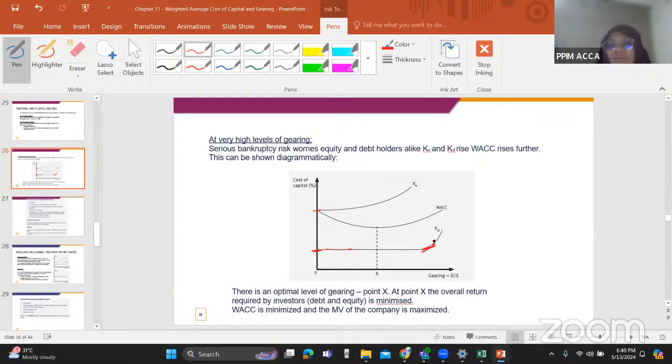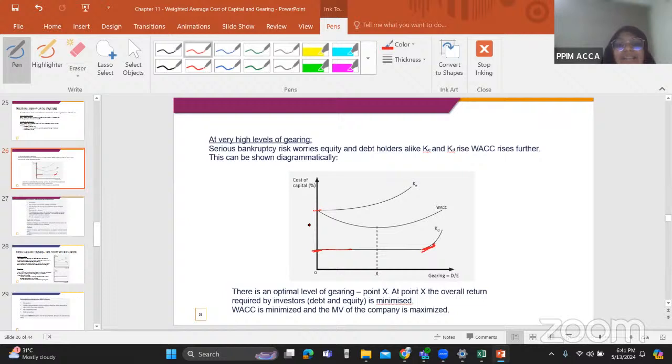Okay, so that is what the traditional view thinks about the cost of debt. We think this is how the cost of debt will move. With regard to the cost of equity, meaning the return that we have to give the shareholders, we believe that as the gearing increases, as your debt increases, the cost of equity will also keep on increasing.